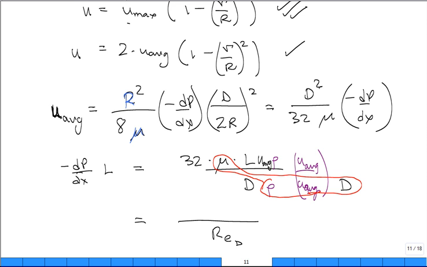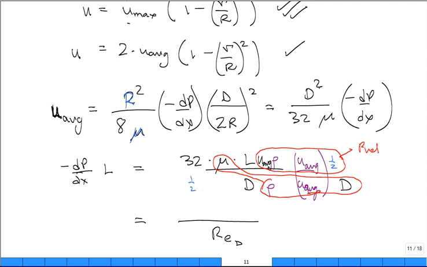Let's do this. So if I put a 1/2 right here and a 1/2 right there, what is 1/2 rho v squared? Velocity pressure. The velocity pressure, right?